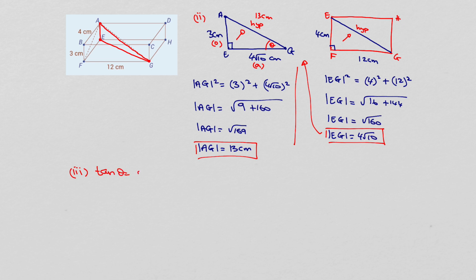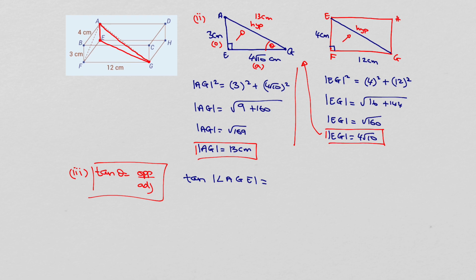Tan theta is the opposite over the adjacent. So therefore I can say tan of the angle AGE is the opposite, which is 3, over the adjacent, which is 4 root 10. It says we have to give our answer correct to 2 decimal places for our angles.